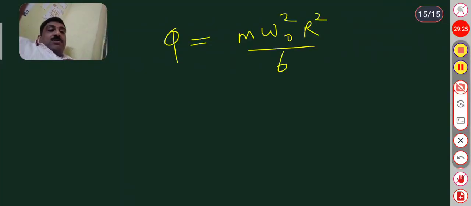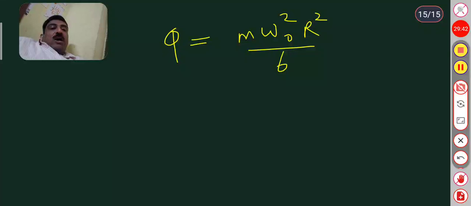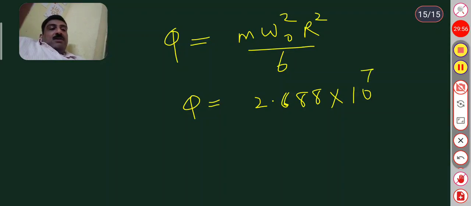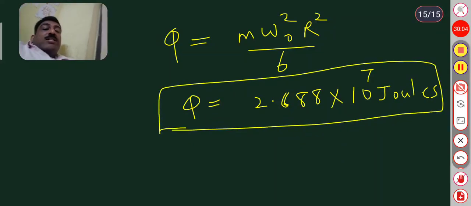If you substitute the mass as 100 kg, and omega naught and R, you will get Q as 2.688 into 10 to the power 7 joules. This is the amount of heat dissipated while it slips.